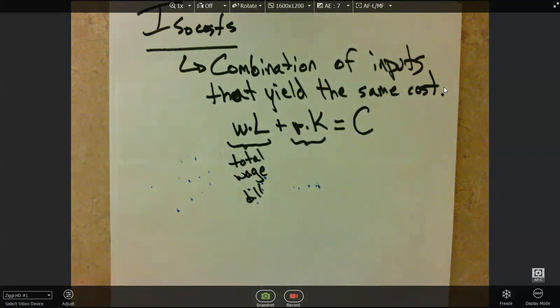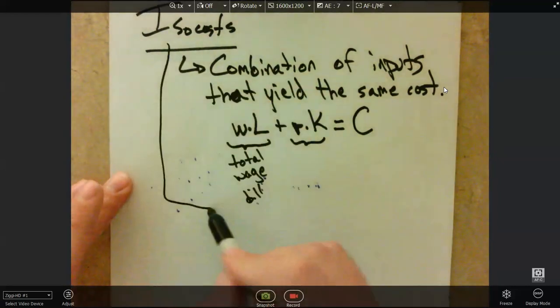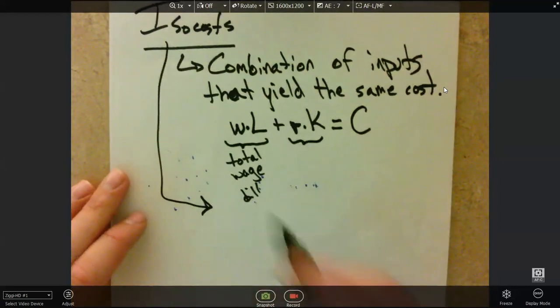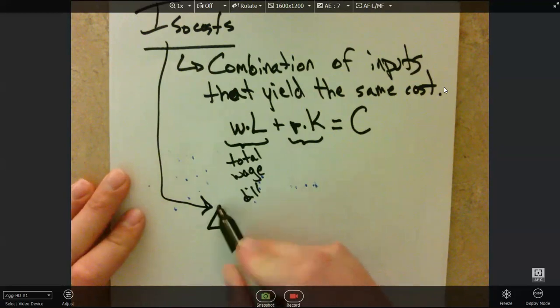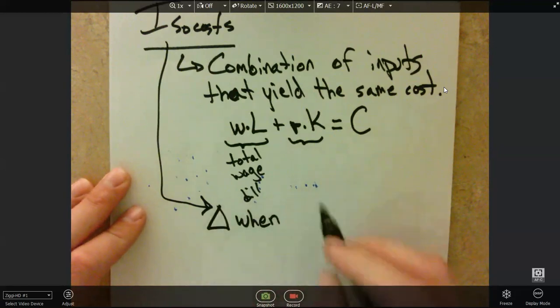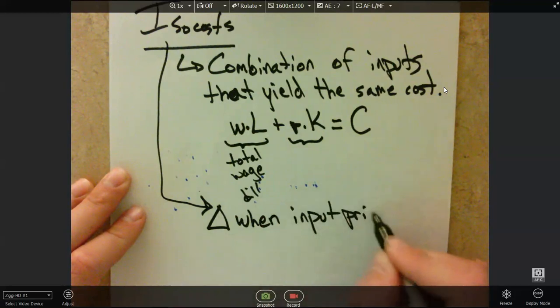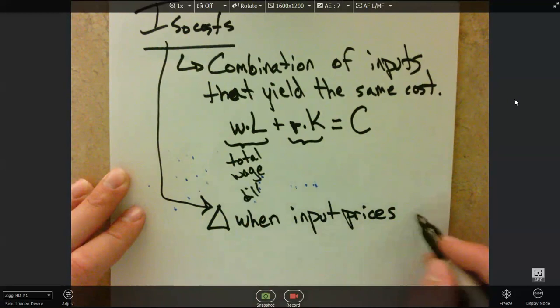And so iso-costs change when what happens? These change when input prices change.